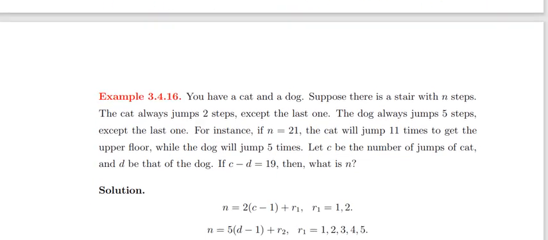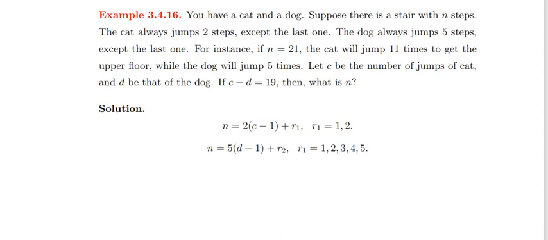Here we actually have such a problem in the AMC. It says you have a cat and a dog, and a stair at your home. We don't know how many steps. The cat always jumps 2 steps, except the last one. The dog always jumps 5 steps, except the last one.